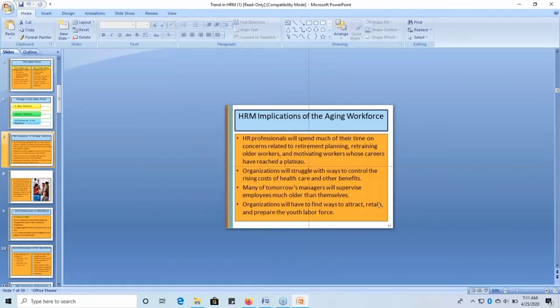Especially when the workforce is aging, the organization finds it difficult to spend more money on them in terms of hospital bills, in terms of them not being proactive any longer as a result of old age. Also in terms of not doing the right thing at the right time.